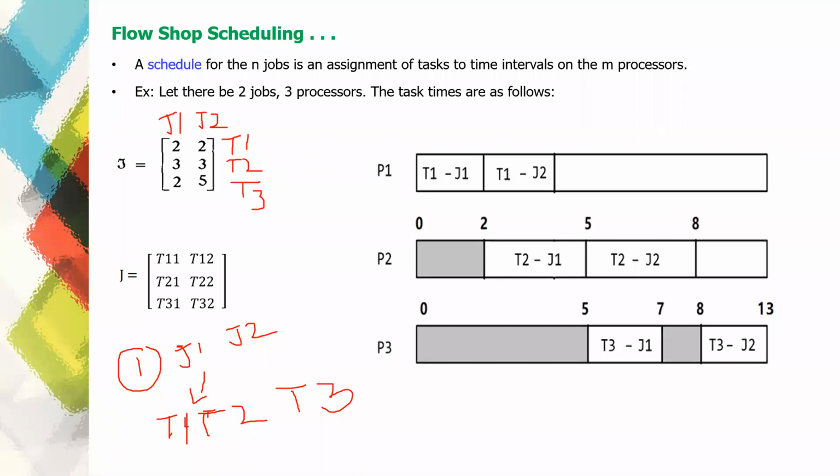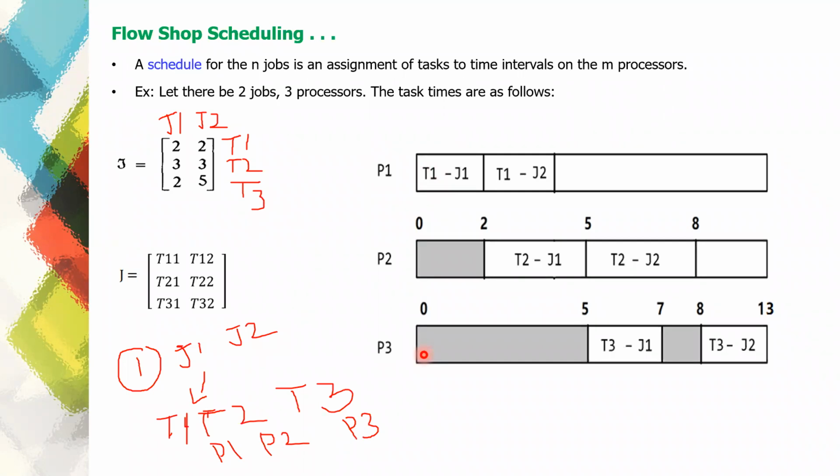Task 1 has to be executed on processor 1, task 2 on processor 2, and task 3 on processor 3. So these are the constraints that you have to follow. Now, initially at the 0th point of time, all the 3 processors are free.